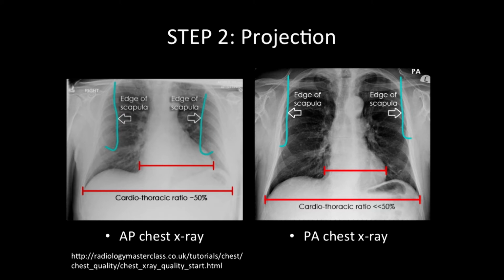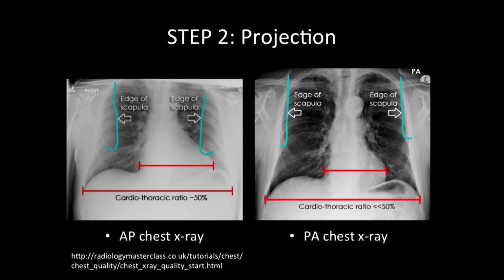As denoted on the AP chest X-ray, the heart generally shows up a little bit larger, and in this particular X-ray, the cardiothoracic ratio is about 50%. That is, the heart is about 50% of the thoracic ratio. Comparing that with the PA chest X-ray, you can see that the heart projects much smaller and makes up much less of that cardiac thoracic ratio, so it's much less than 50%.